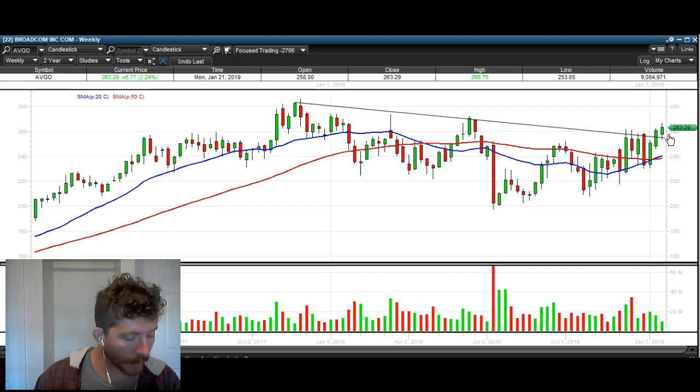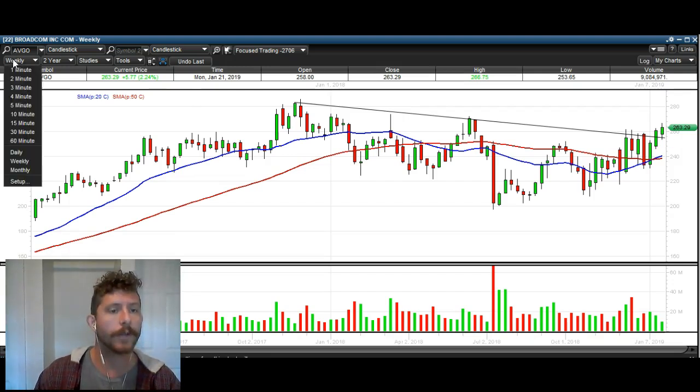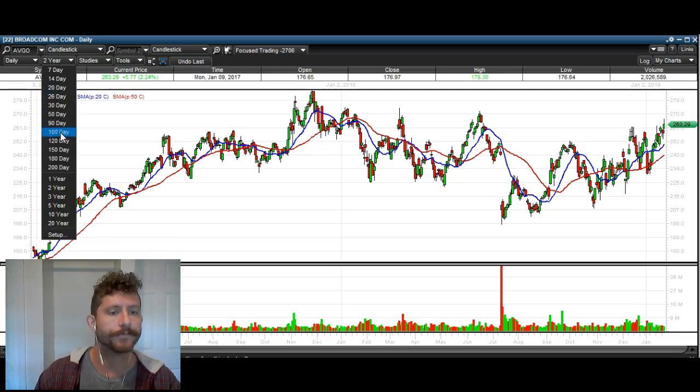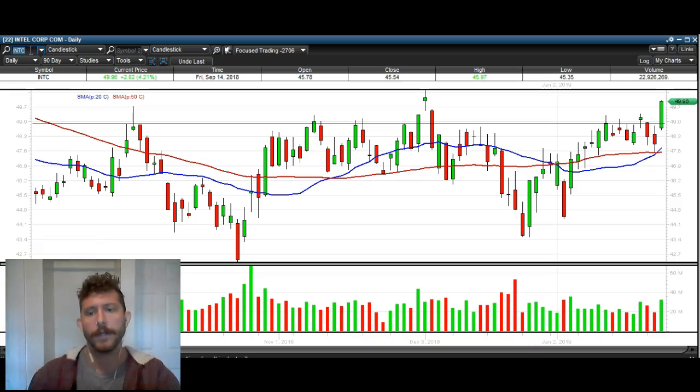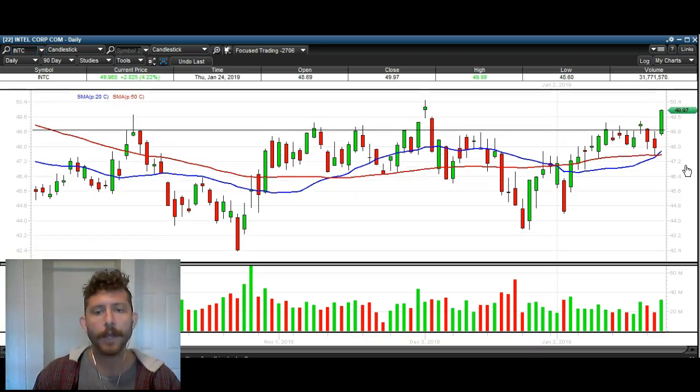AVGO is another semiconductor. The next one we're going to look at is Intel. Intel gapping up over resistance. Okay, this is a level we've struggled with for months, and now we're breaking over it. We failed to break over it at this point in time, but now we're breaking over it, okay? Support is around $49.